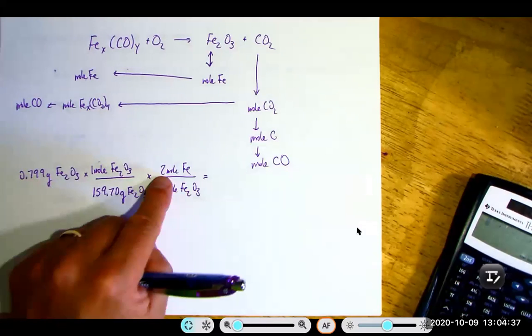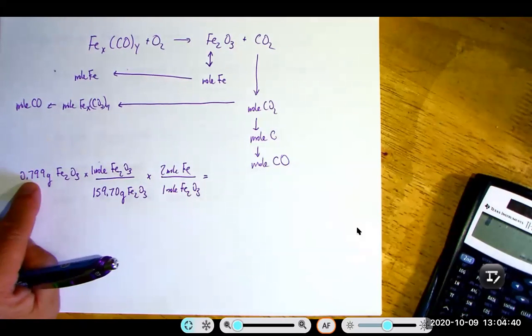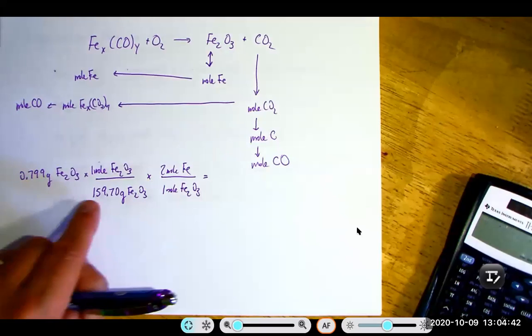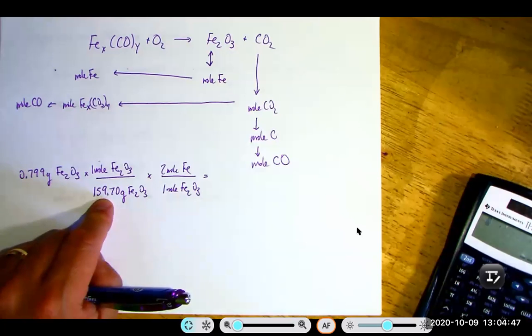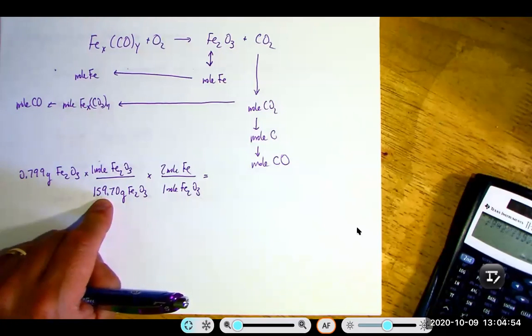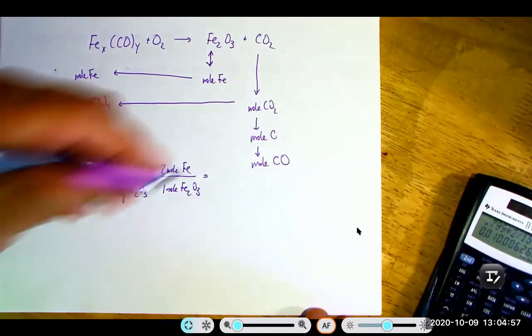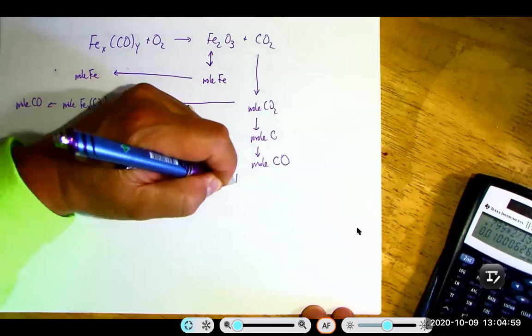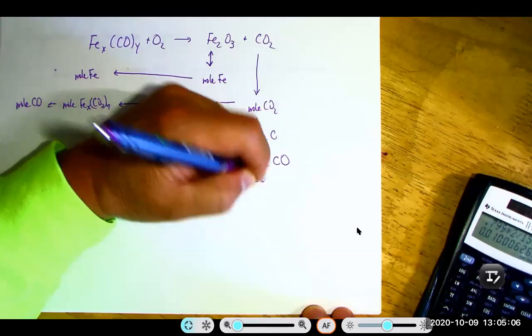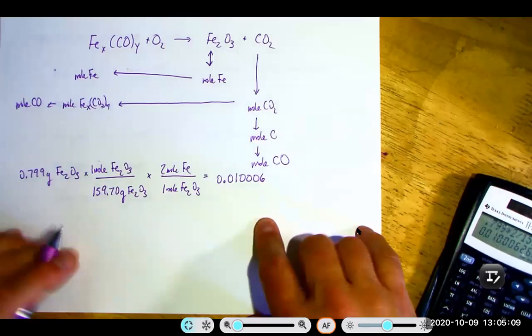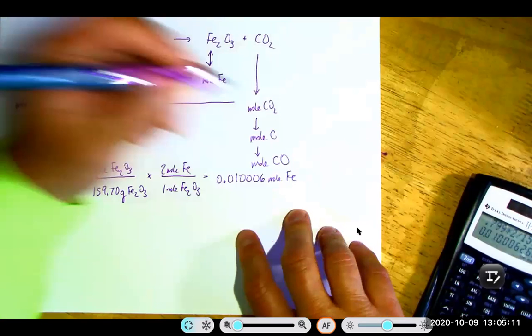This times this ends up being about 1.6, and 1.6 out of this is about 1/100th. So I expect the answer to be around 0.01. And sure enough, it's 0.0006. Now I have 3 sig figs here, so this is good too.